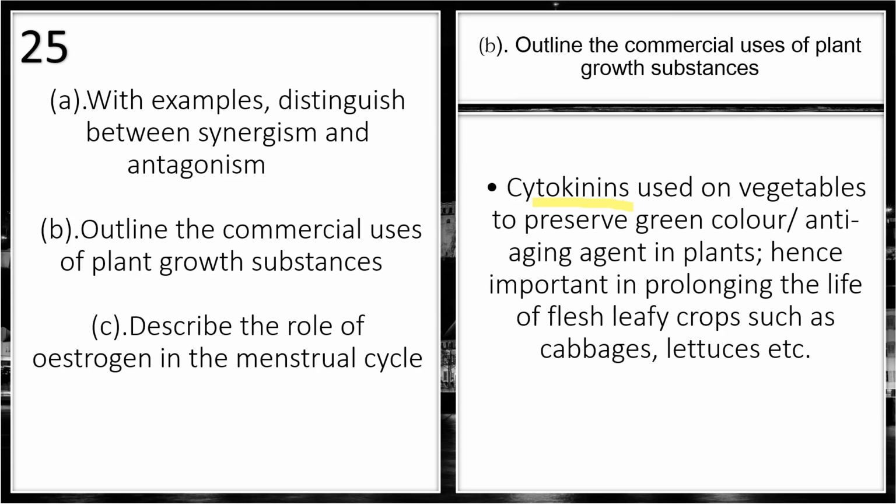Cytokinins are used on vegetables to preserve the green color, and as an anti-aging agent in plants, hence important in prolonging the life of fresh leaf crops such as cabbages, lettuces, etc.